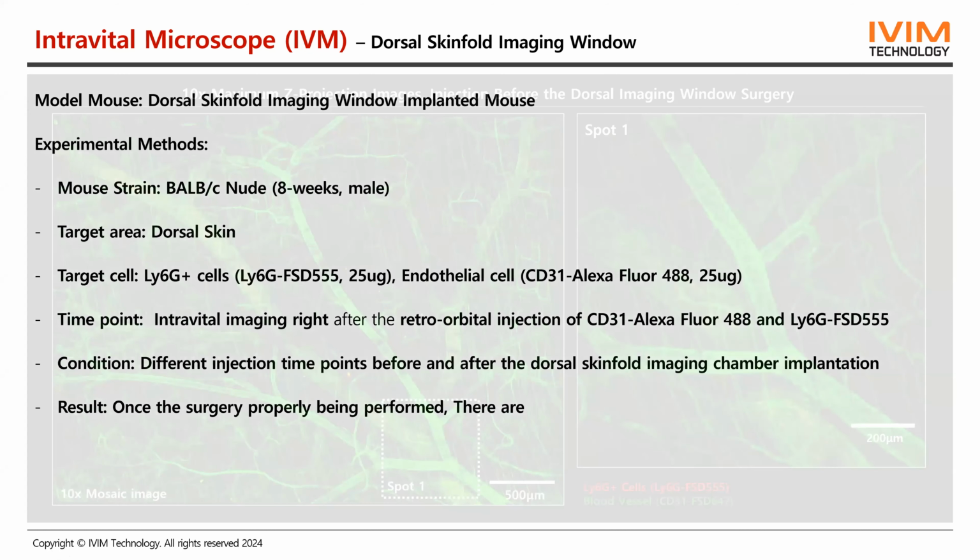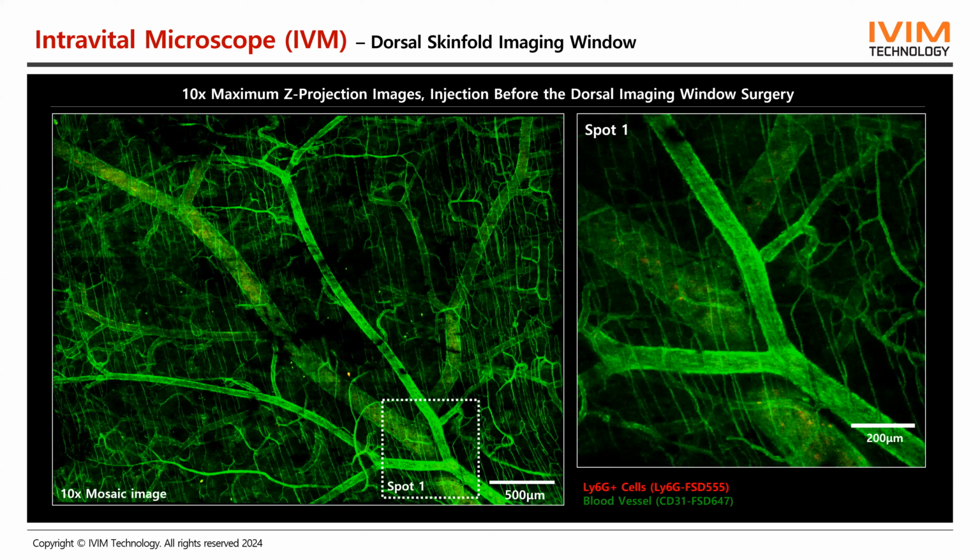On the left side of the PowerPoint, it's a 5x4 mosaic image in the width and the length way of the skin. On the right side comes the imaging of the first spots, acquired with the 10 times objective lens.